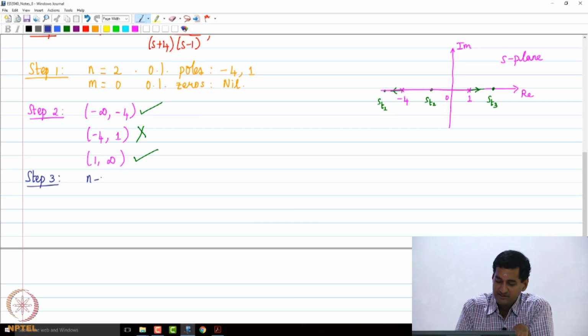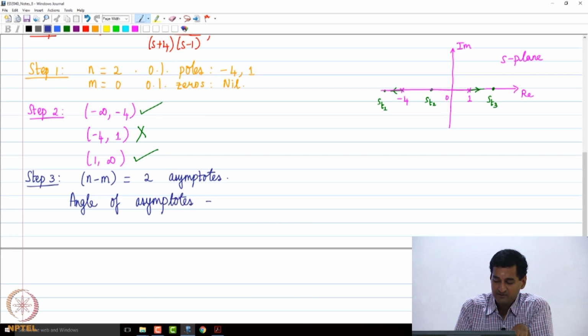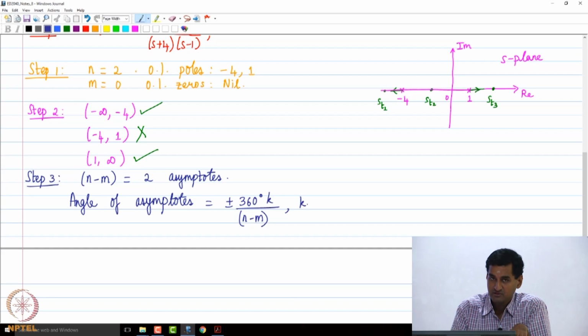Step 3 means we need to figure out the asymptotes. So n minus m is going to be equal to 2 asymptotes, right. What is the angle made by the asymptotes? It's going to be equal to plus or minus 360 degrees times k divided by n minus m, k being 0, 1, 2 and so on.